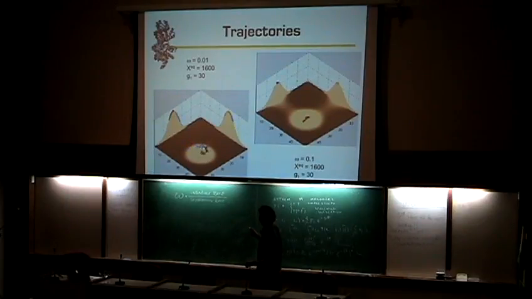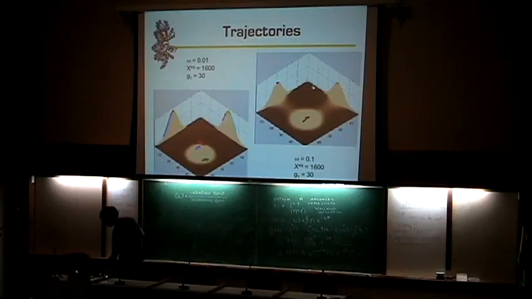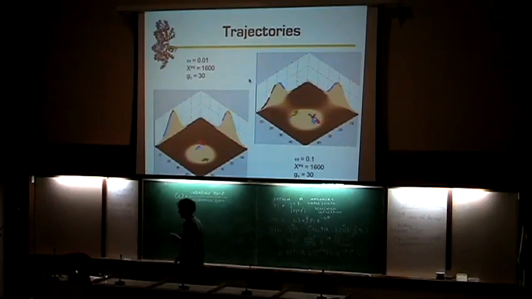So you see that here the binding and unbinding is slow, and they don't jump from peak to peak very often. And if you go slightly higher in omega over here, where the binding and unbinding is faster, you can see that they jump from peak to peak, or from binding state to binding state, more often.